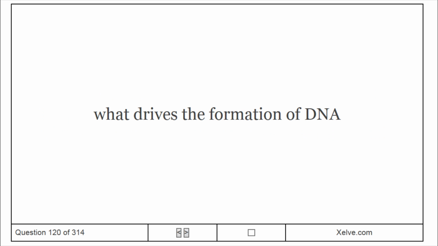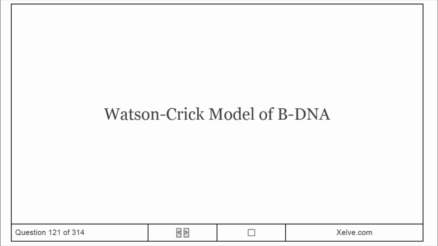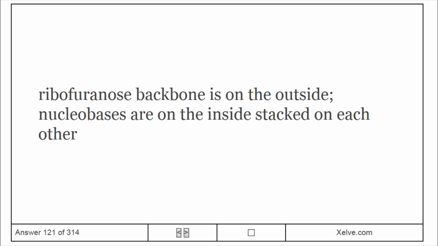What drives the formation of DNA? The hydrophobic effect. Watson-Crick model of B-DNA: the ribofuranose backbone is on the outside, and the nucleobases are on the inside, stacked on each other.